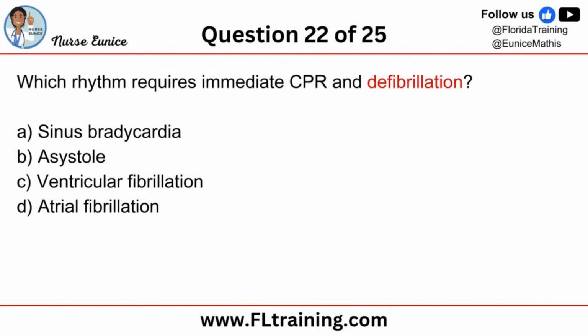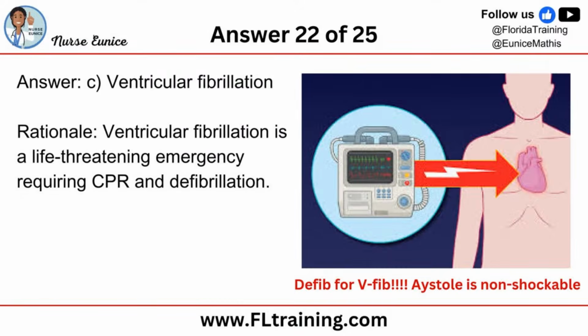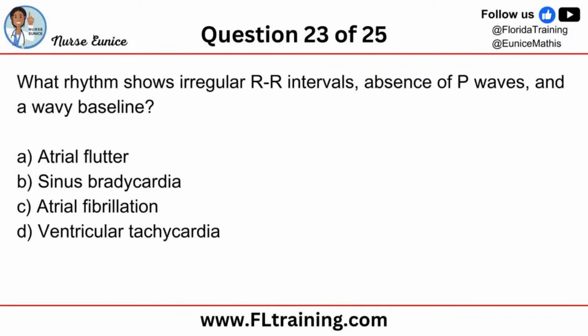A lot of you knew not to choose B, asystole, because we can't shock something when there is no energy. The correct response is C, ventricular fibrillation, because it is a life-threatening emergency requiring CPR and defibrillation. So the heart is quivering. We need to shock it to restore its normal rhythm.